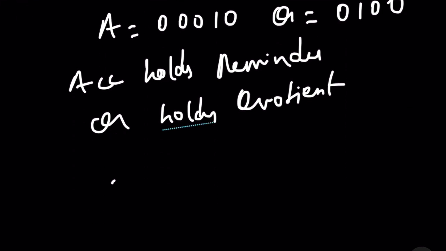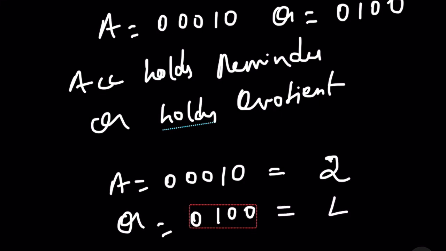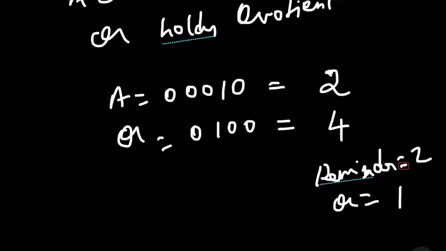The accumulator 00010 is nothing but 2, and the quotient 0100 is nothing but 4. So the remainder is 2, the quotient is 4.